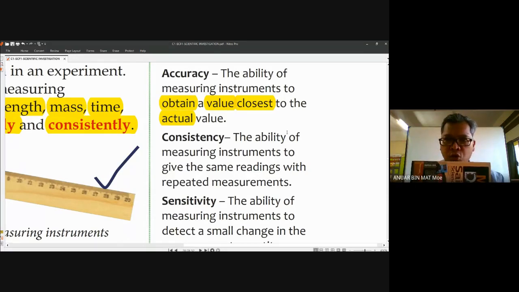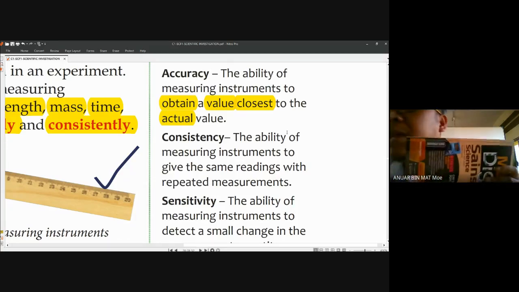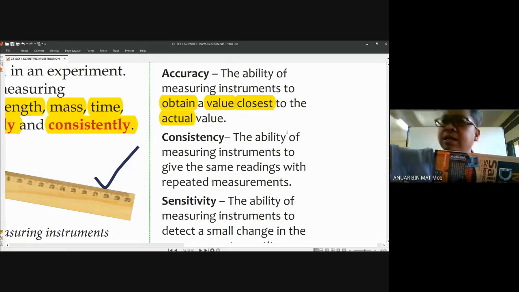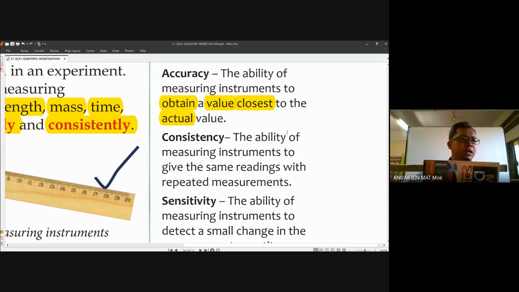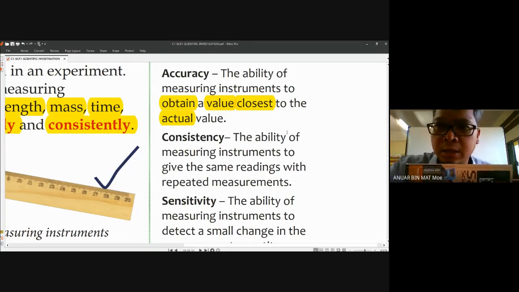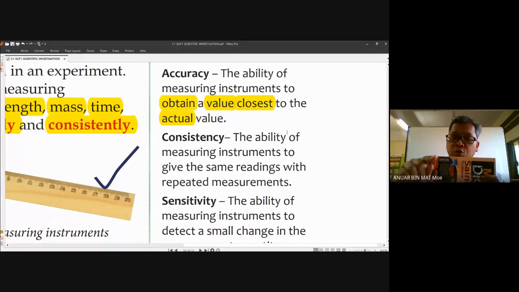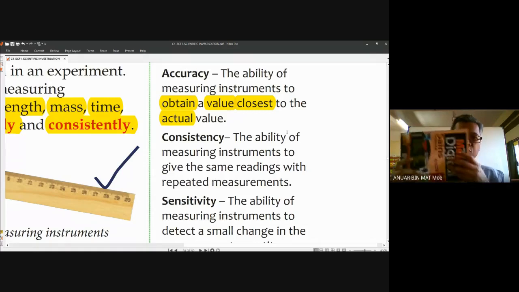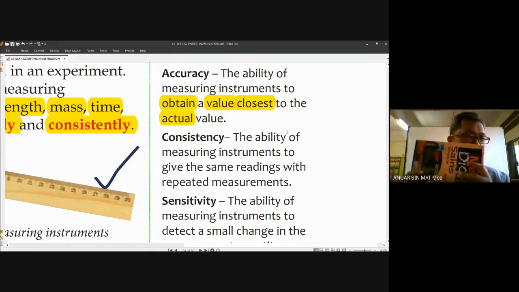If I measure the book here and it is about 26 centimeter, you should also be able to measure the book and get 26 centimeter, because you have the same book, the same object, and you use your own ruler.